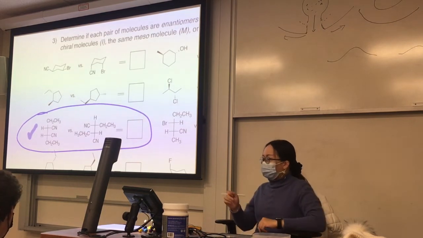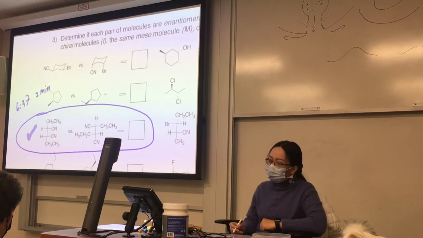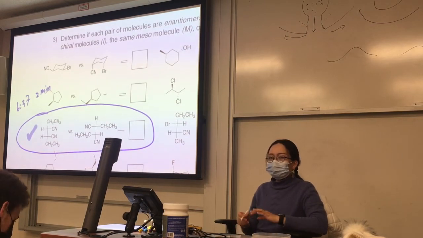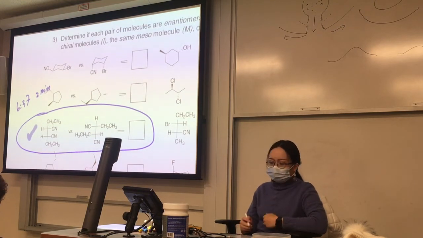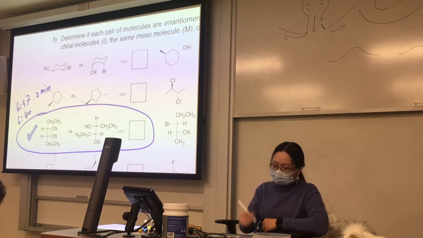Okay, good. Now it's 6:37. I'll give you 2 minutes. I know I just need a letter, but I also want you to practice transferring the Fischer projection to the normal way. Do it. Okay, I'll give you until 6:40.